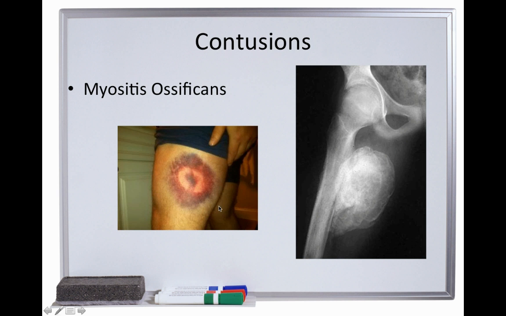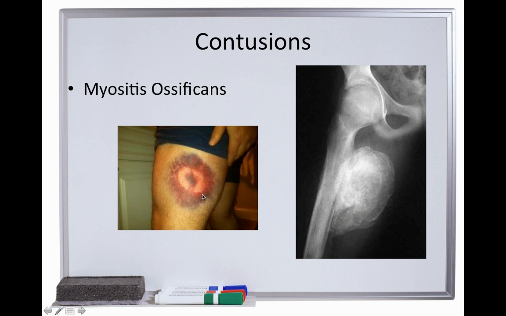Contusions, just to point this out, here's somebody who got hit by, I don't know, a baseball or softball or something. I don't see the stitching on it, but with contusions, it's mostly managing the amount of cellular debris and old blood clots and whatnot that are going to hang out in here after the period of damage.